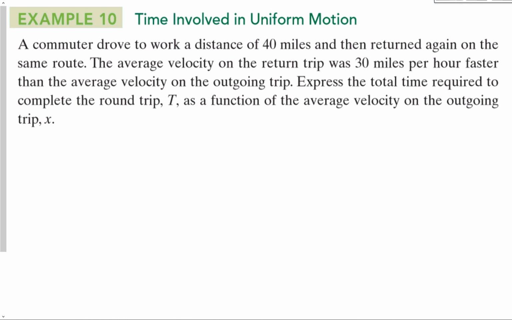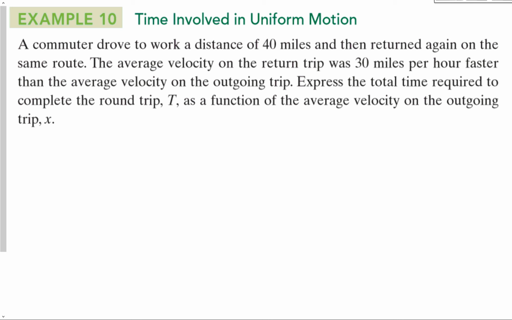Okay. So a commuter truck drove to work a distance of 40 miles and then returned again on the same route. The average velocity on the return trip was 30 miles an hour faster than the average velocity on the outgoing trip. Express the total time required to complete the round trip, t, as a function of the average velocity on the outgoing trip.